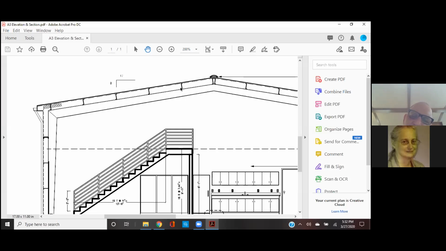Put your cursor where you're measuring to, because I can't see your screen. Go to the left side of the building. Measure from that dashed line up to the underside. No, that's the framing.